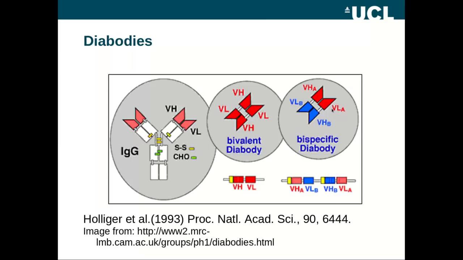So the VL and VH of one pair come together, and the VL and VH of the other pair come together. And this way you end up with your bispecific antibody formed from two single chain Fvs with the ability to cross-link things.